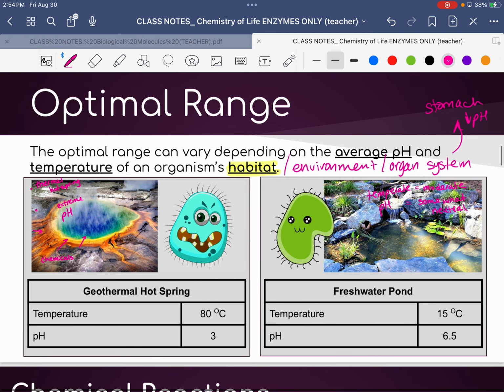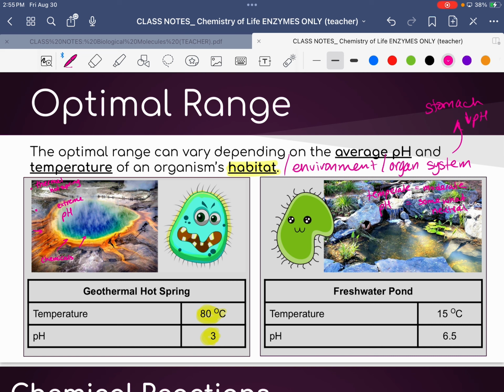Okay, so if the temperature in this hot spring is 80 degrees Celsius and it has a low pH of 3, it's very acidic, right? Well, then the enzymes that exist in this organism also need to have an optimal temperature range and an optimal pH range that's somewhere around there, right?